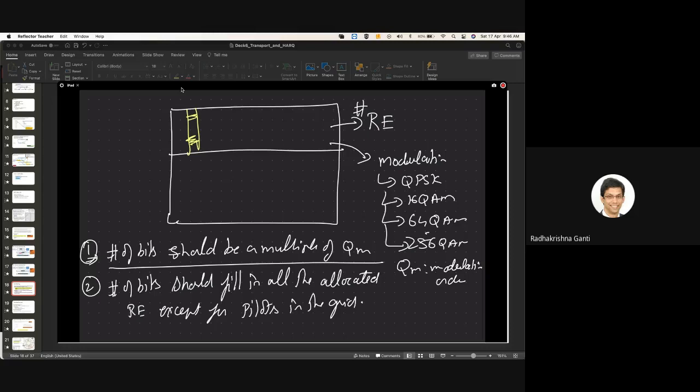So if this whole thing is allocated to you, you have to subtract off the pilots and other things, and then you find the effective number of RE that you can actually use for information. That multiplied by QM should be the effective number of bits that you have. Is this clear? Any question?